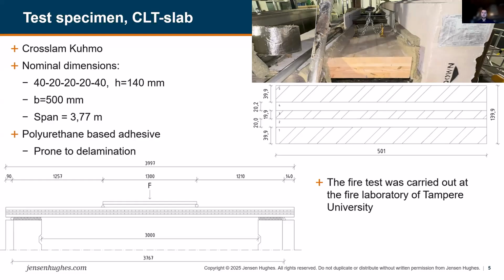And the adhesive used in the cross section was polyurethane based, so theoretically it was prone to delamination. The fire test was carried out at the fire laboratory at Tampere University.